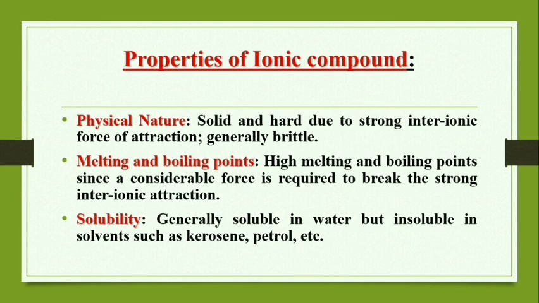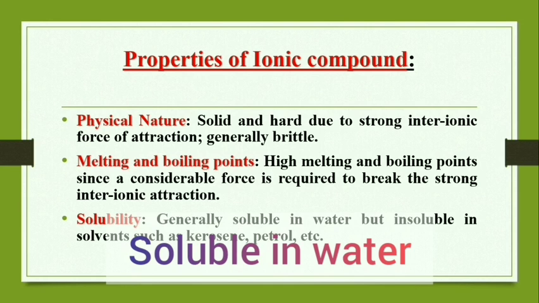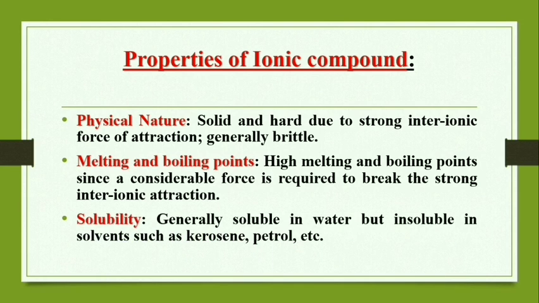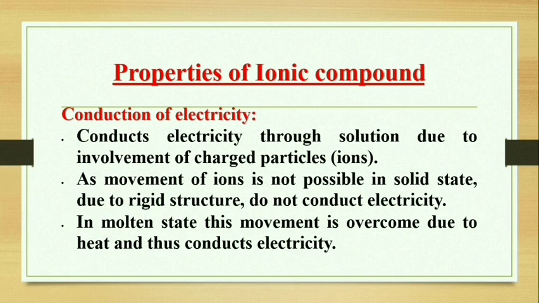Third is solubility. Generally, ionic compounds are soluble in water but insoluble in solvents such as kerosene and petrol. Fourth property of ionic compounds is conduction of electricity. Ionic compounds conduct electricity in solution due to the involvement of charged particles, cations and anions.